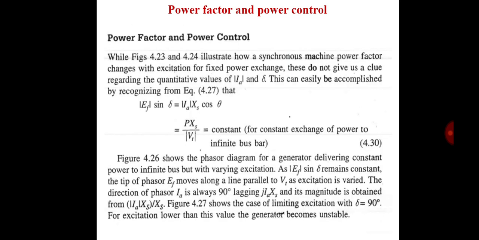The direction of phasor IA is always 90 degrees lagging jIA into XS, and its magnitude is obtained from IA XS divided by XS. So in the case of limiting excitation, delta is equal to 90 degrees. For excitation lower than this value, the generator becomes unstable.